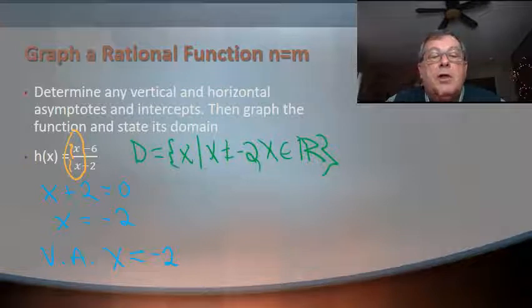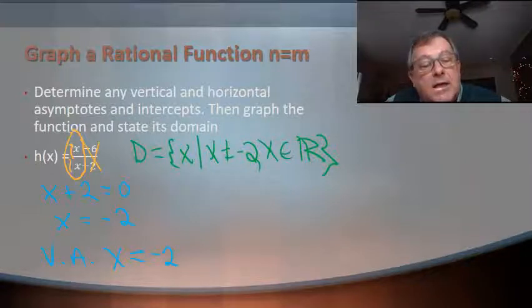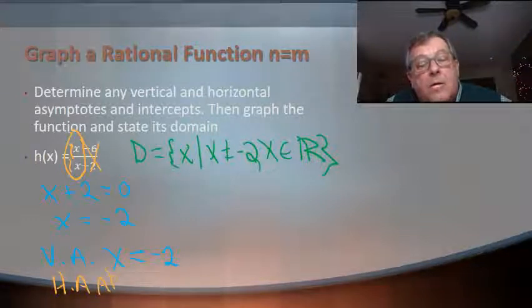And so this is how I determine the horizontal asymptote: I take the ratio of those powers in the numerator and the denominator. I don't have to worry about any of this over here, at least for now, as it pertains to horizontal asymptotes. And I can say that I've got a horizontal asymptote, 1 over 1 is 1, at y equals 1.